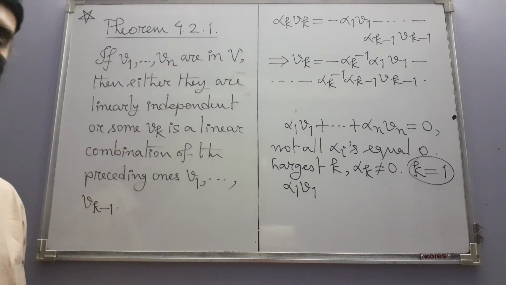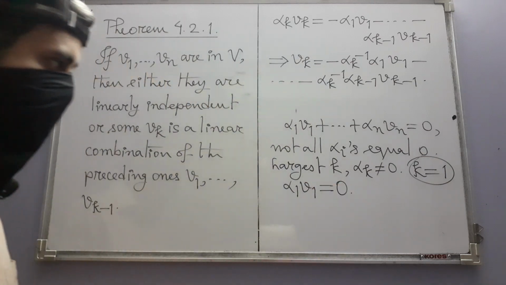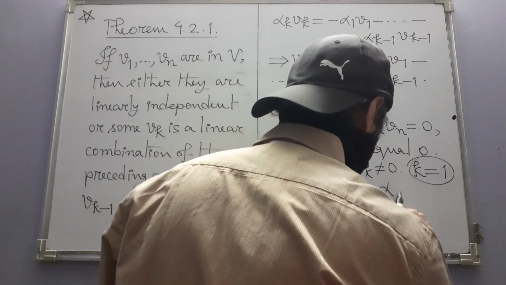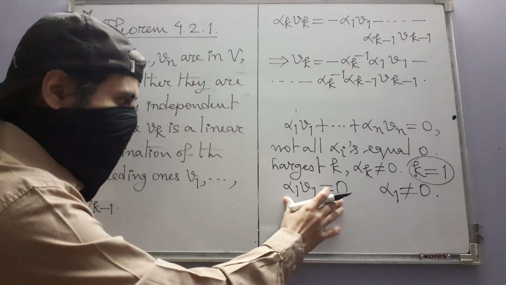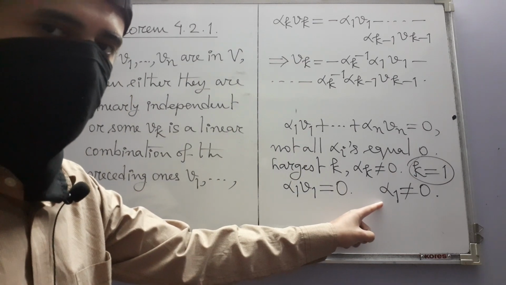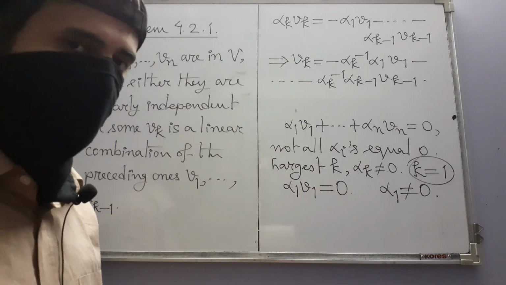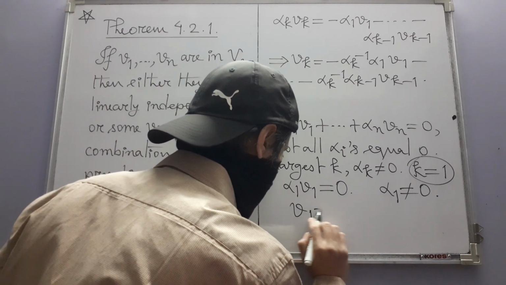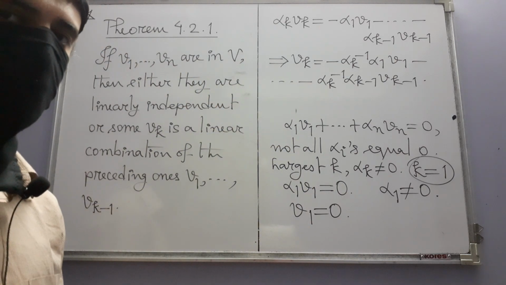And the above equation reduces to this: alpha 1 v1 is equal to 0. Now, alpha 1 is not 0. So if you multiply both sides of this equation by the multiplicative inverse of the scalar alpha 1, then using the vector space properties, you get v1 equal to 0.